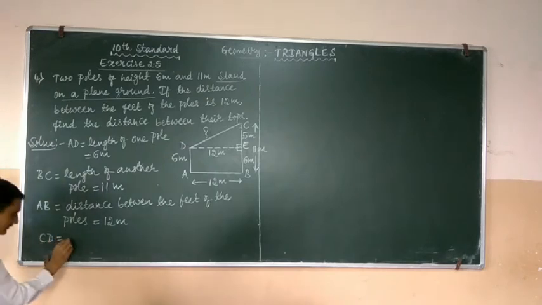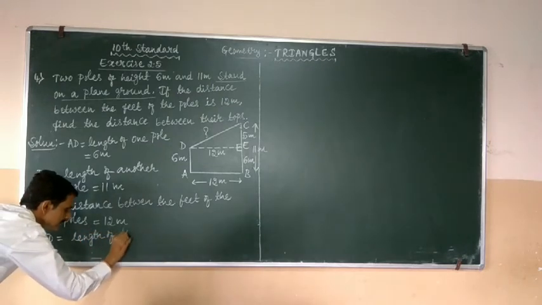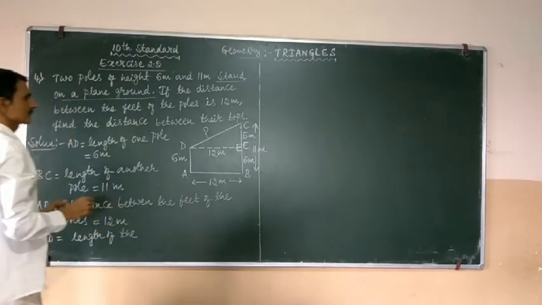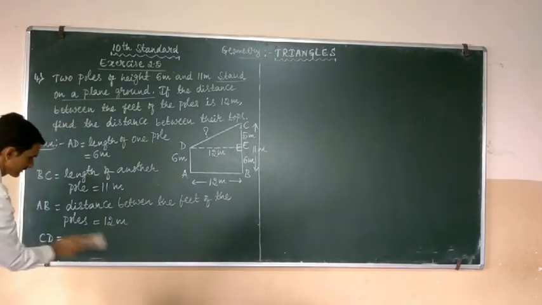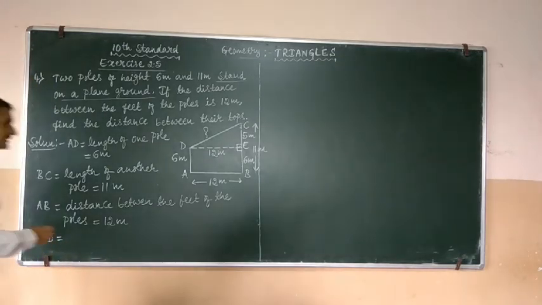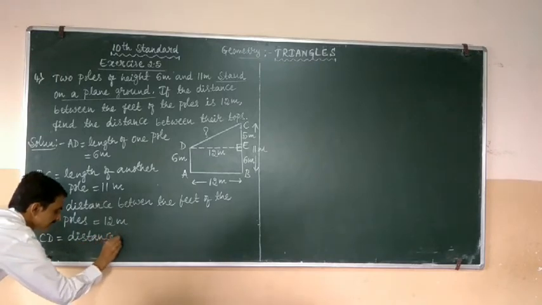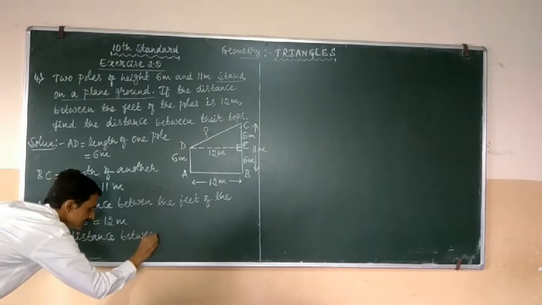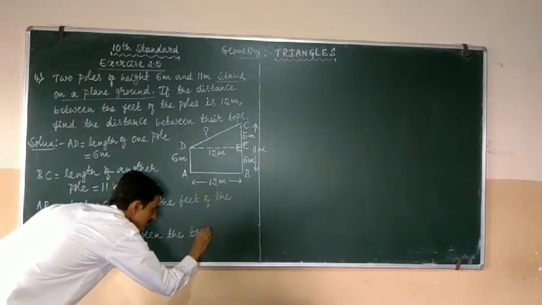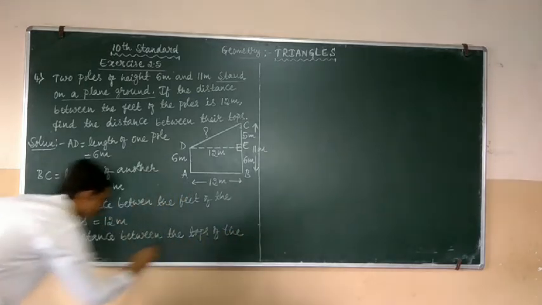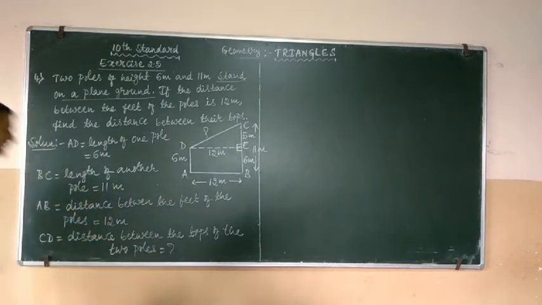CD equals the distance between the tops of the two poles. That's what we have to calculate.